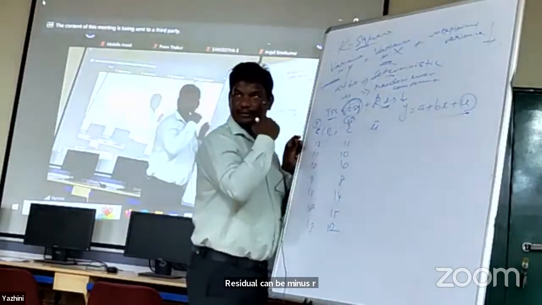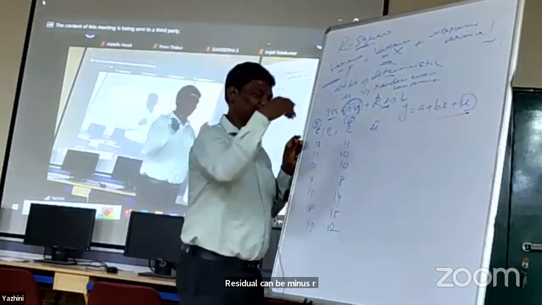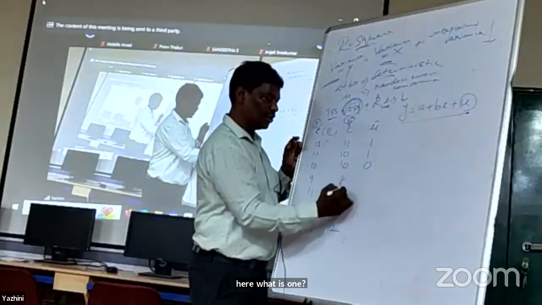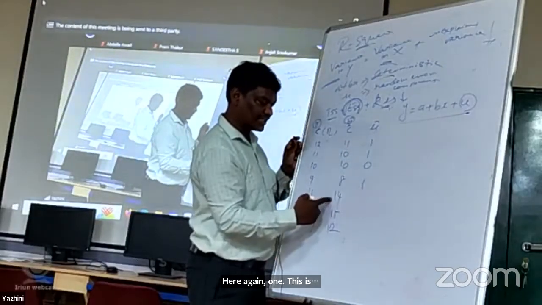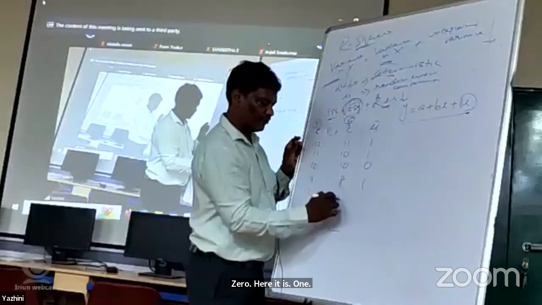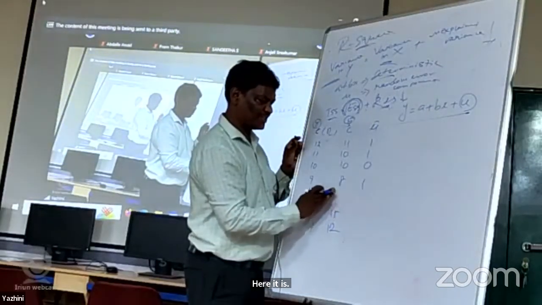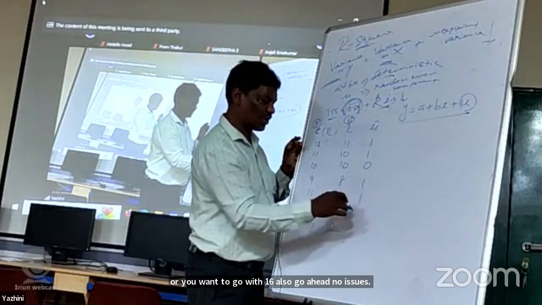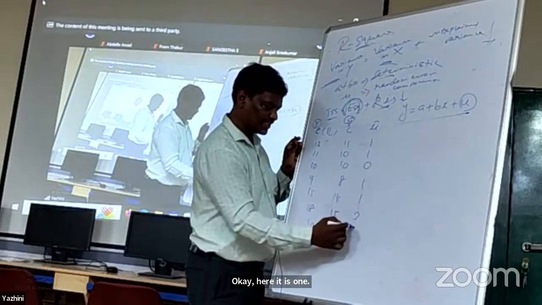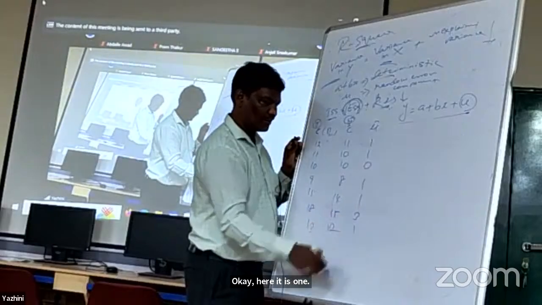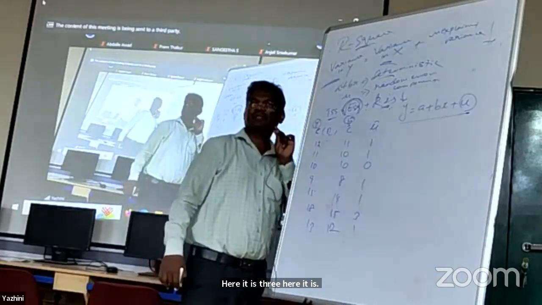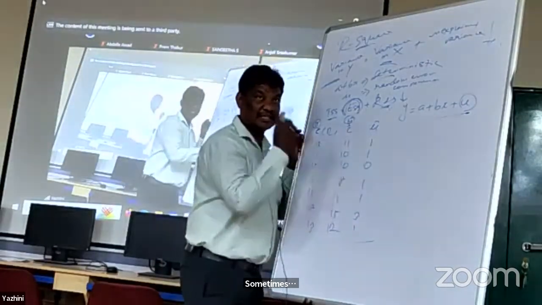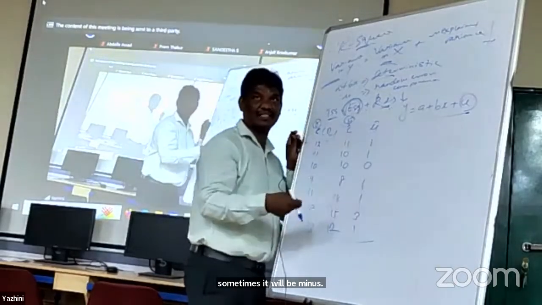Here it is 1, here again 1, this is 0, here it is 1, here it is 3, here it is 1. Sometimes it will be minus, no need to worry. Here, for our understanding, all are positive.